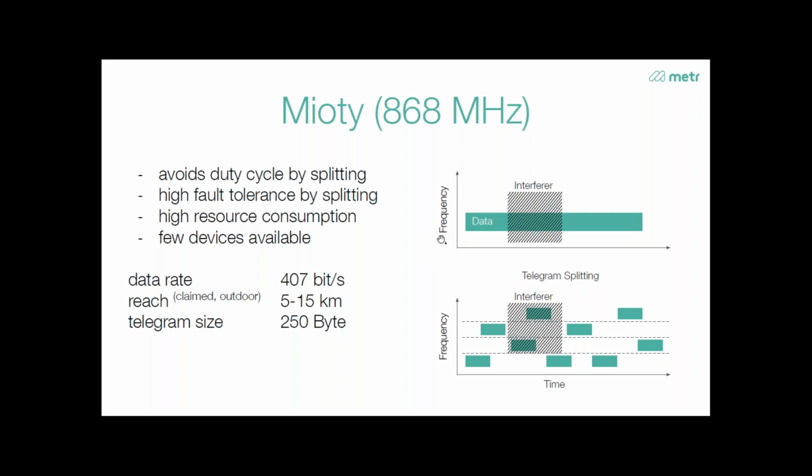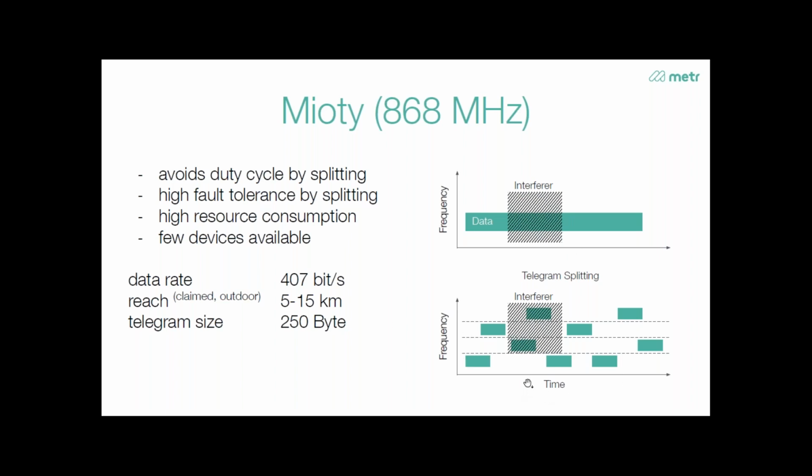You see a diagram where we have the frequency, and this is a common protocol where you have a data package that is quite large, and you have an interference that is interfering with your data, and you're going to lose the whole package. But then what MyOT does is what you can see at the bottom.